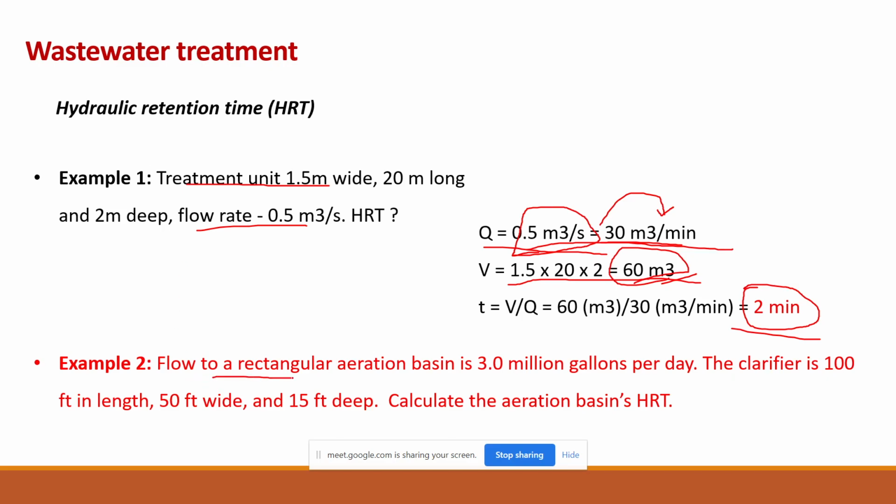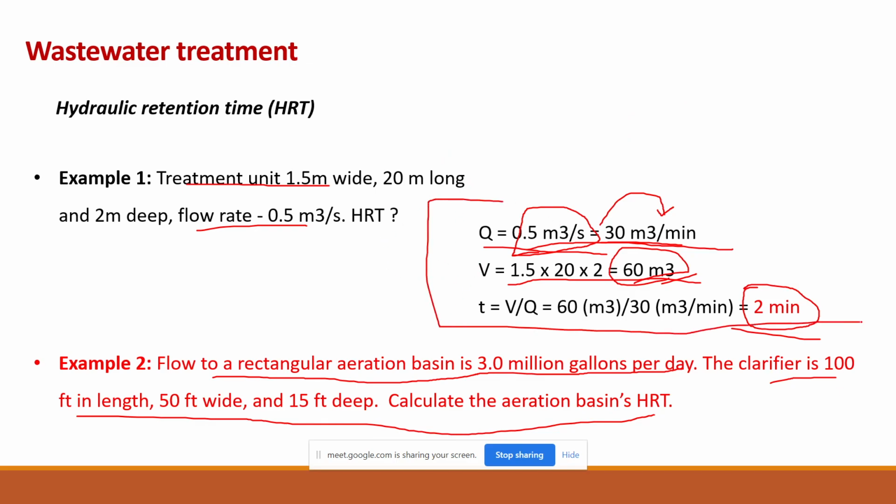So flow to a rectangular basin is 3 million gallons per day. The basin is 100 feet in length, 50 feet wide, and 15 feet deep. Calculate the aeration basin's hydraulic retention time. So this you should solve now because already this solution is provided to you, right? Similarly you have to do this.